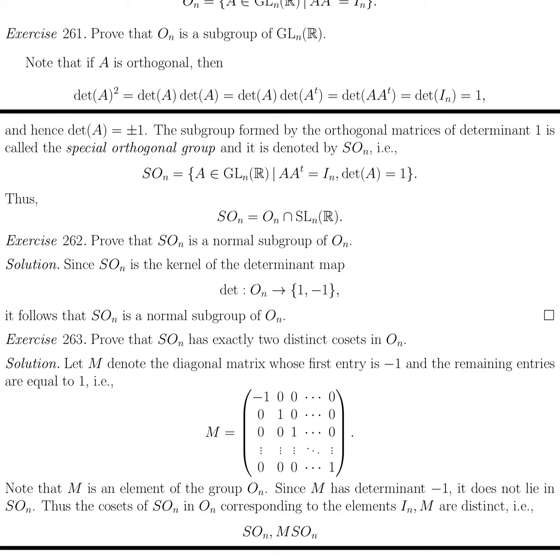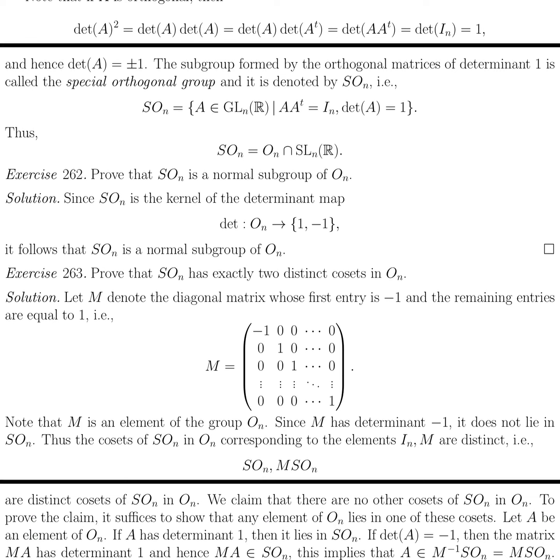Now here you have an interesting exercise which is not difficult at all. One can show that SOn has exactly two distinct cosets inside On. How could one show that? Let's try to exhibit two cosets.